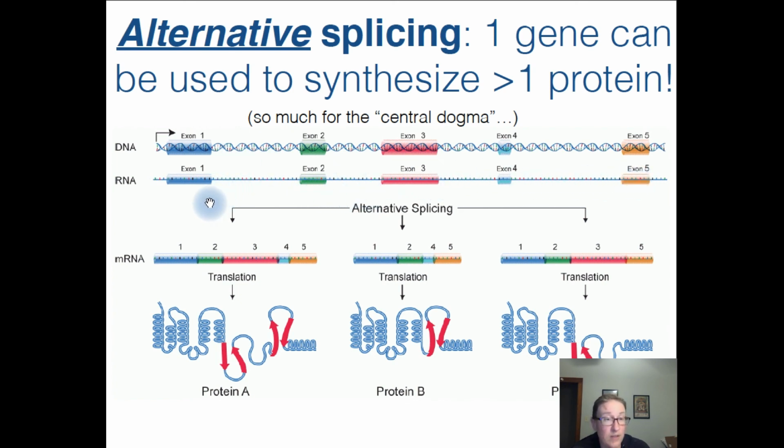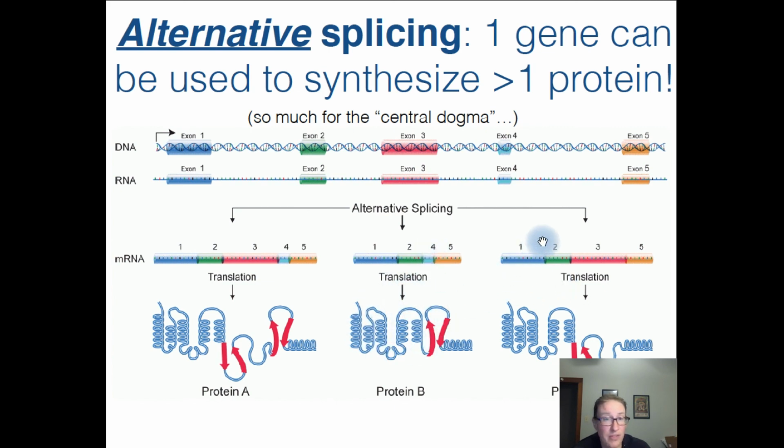But through alternative splicing, it's possible to get different final RNA messages. For example, if all of the exons are included in the final message, we'll have a longer RNA, and that will be translated into a bigger protein. In contrast, if only 4 out of the 5 exons are included, we'll get a different type of protein.